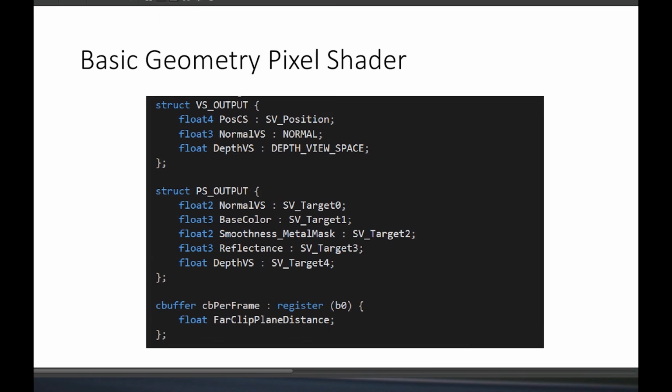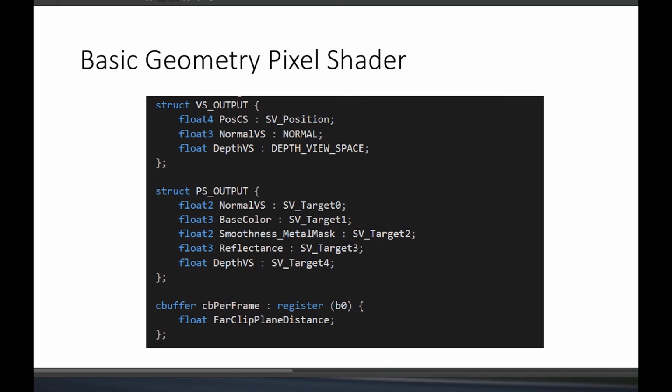And in the case of the geometry pass pixel shader, this is important to see. The pixel shader output will be 1, 2, 3, 4, 5 render targets. In this case, you don't see the diffuse albedo and the specular albedo because at this point I modified my little engine to be physically based.